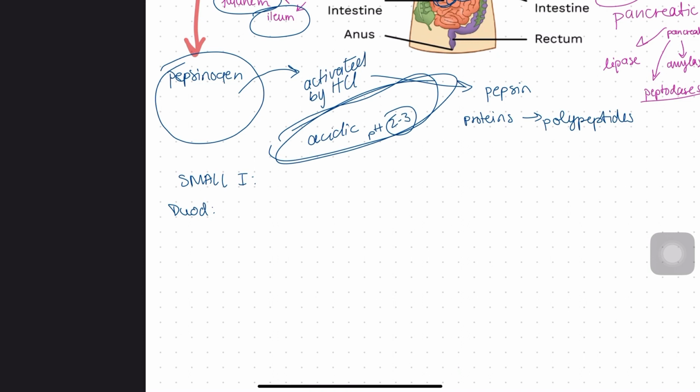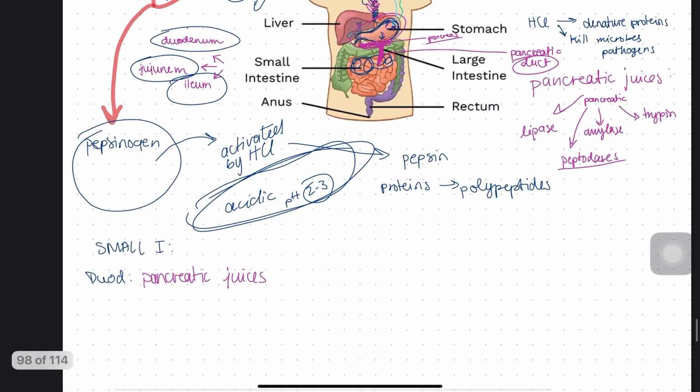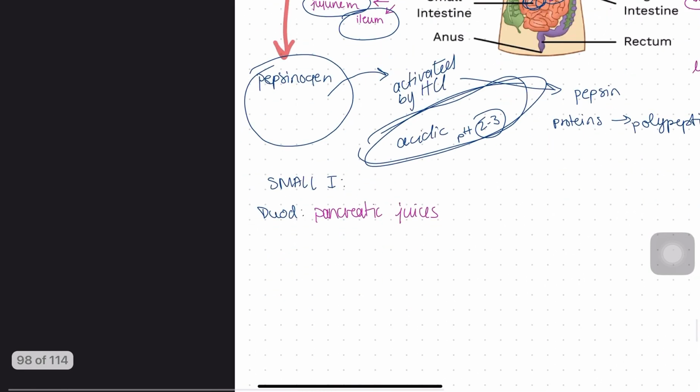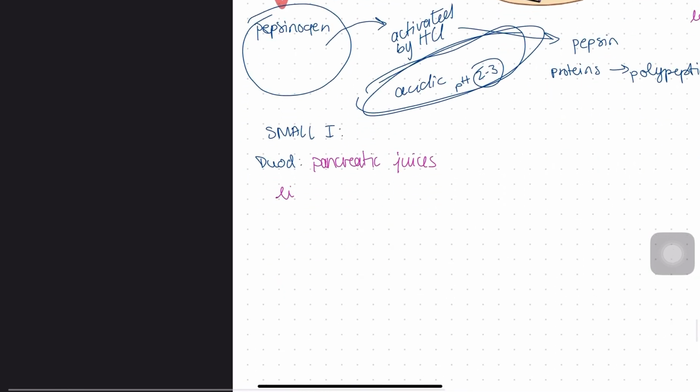So the duodenum is where the pancreatic juices are going to be dumped, and that is why the lipids are going to be broken down.